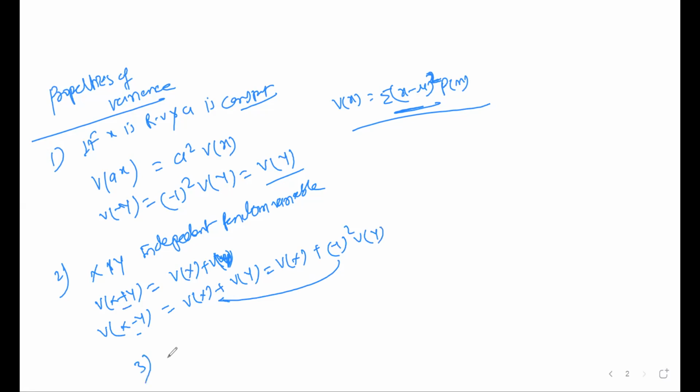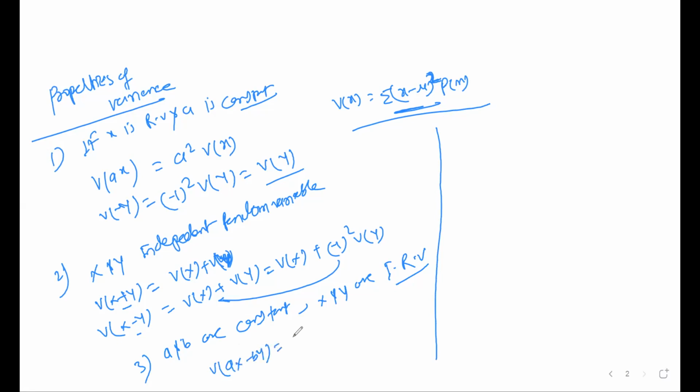Similarly, the third property: if a and b are constants, and x and y are independent random variables, then the variance of ax minus by is given as a square into v of x, and this minus becomes plus, b square into v of y.